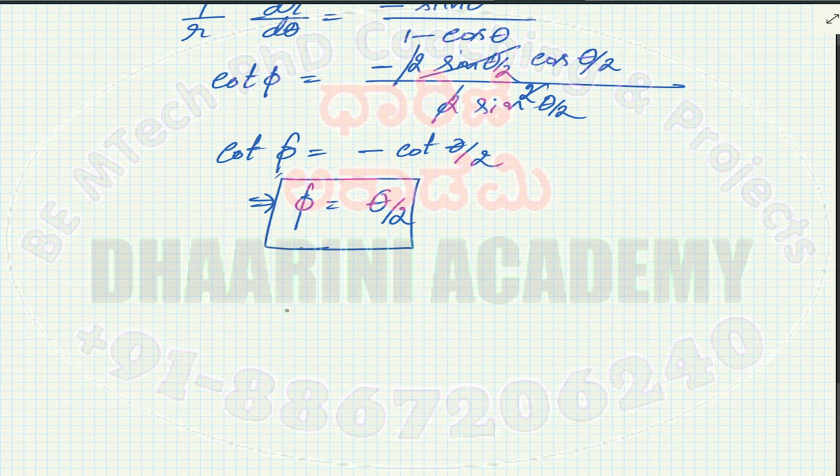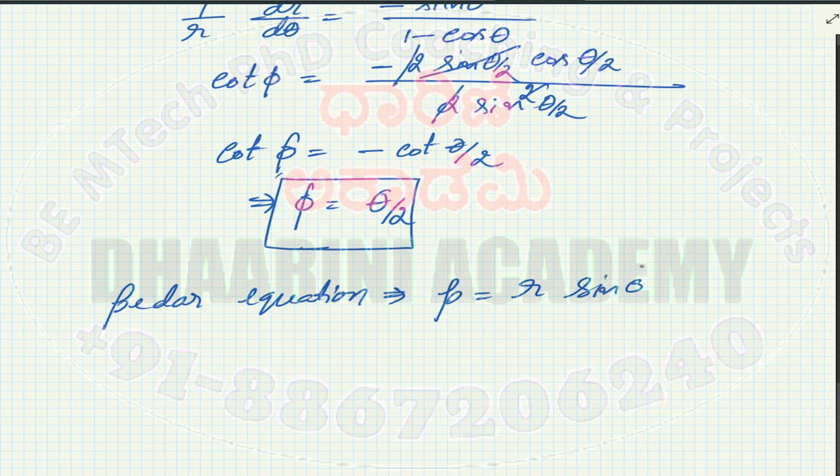Now let's start with the pedal equation. So the general form of the pedal equation, we always start with one of the standard formats of the pedal equation. So in this case, let's start with the easiest one, that is p is equal to r into sine phi.